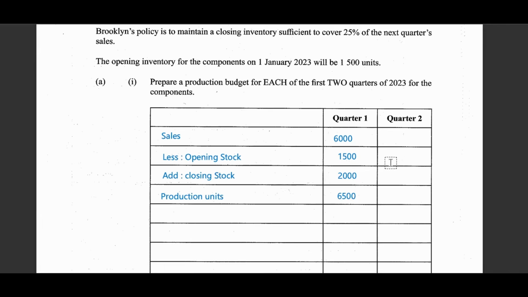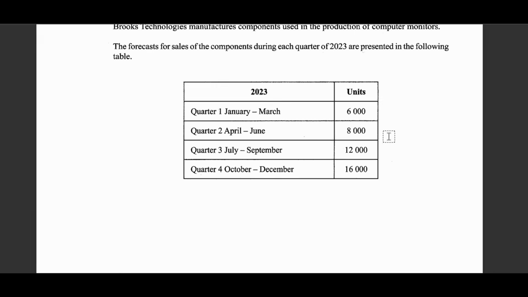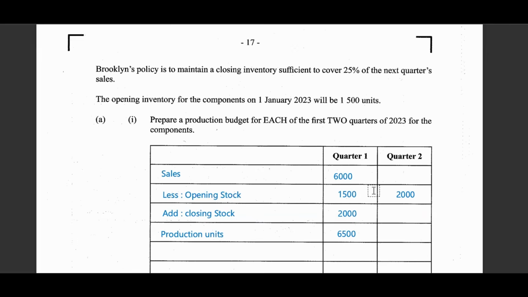Now closing stock in one quarter will be the opening stock in the next quarter. So there should be 2,000 here. Forecasted sales would have been 8,000. Closing stock 25% of next quarter.